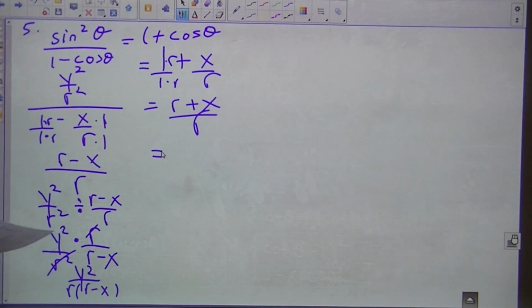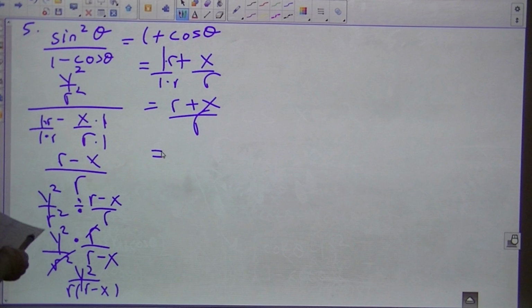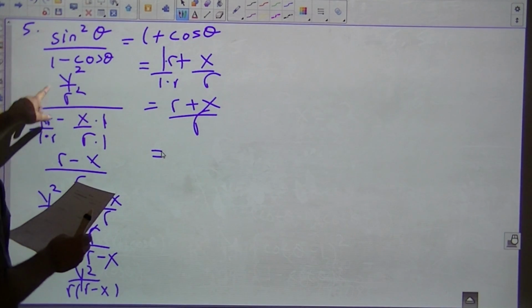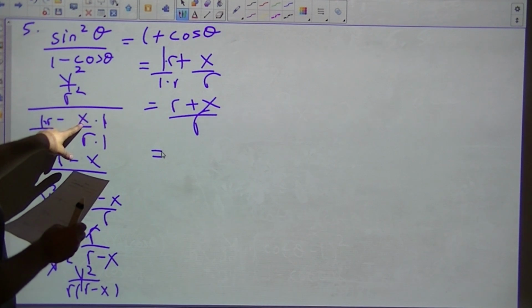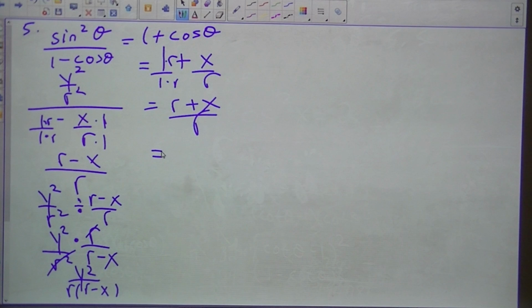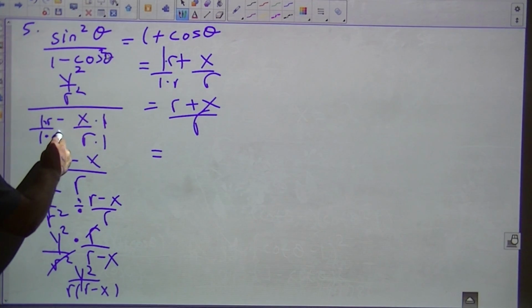I don't think that one works. That's not good. So don't worry about number 5, let me see if I made a mistake. So it's y squared over r squared, 1 minus... I think this is supposed to be a squared. That's probably going to make that work. So maybe the squared was left off. Let's see if that fixes it.